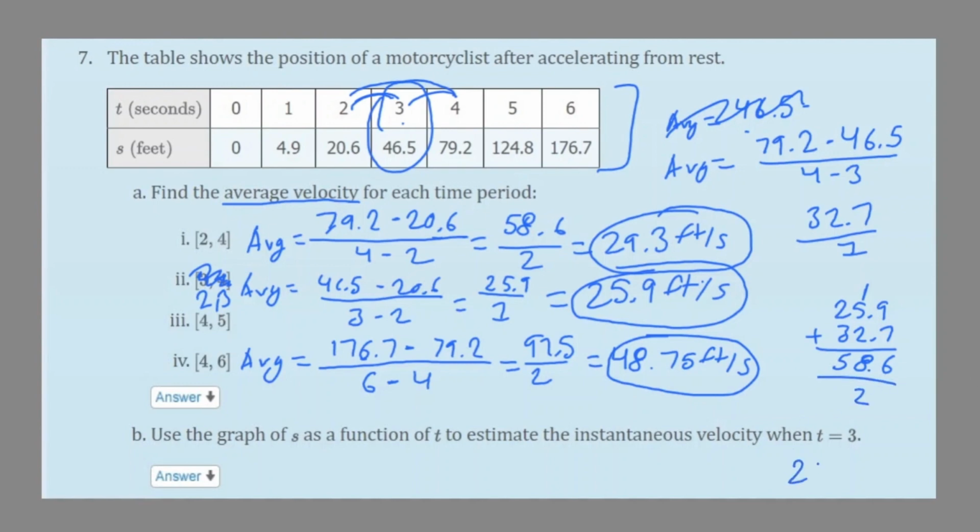That would give us 29.3 as the instantaneous velocity at t equals 3, which funny enough is the answer from 2 to 4, because that's all the information we're given. So you could have just put this answer there, but you could also go through the math just to verify that it is 29.3 feet per second.